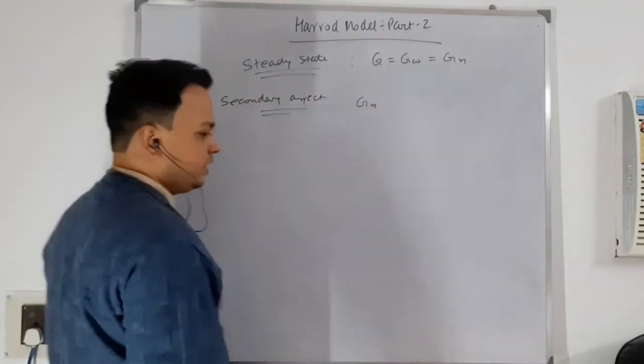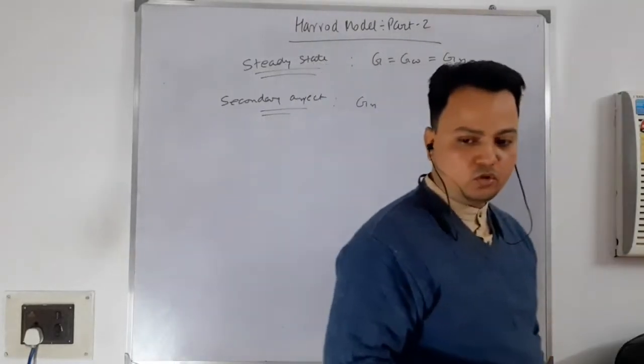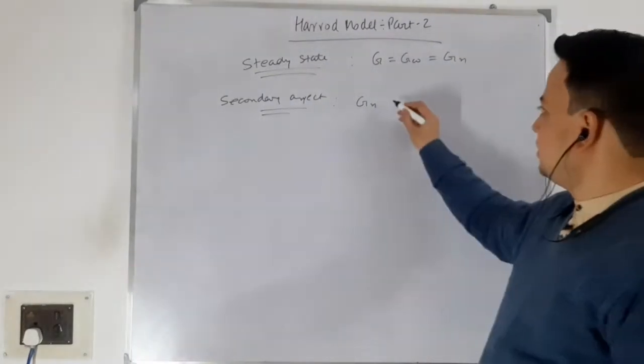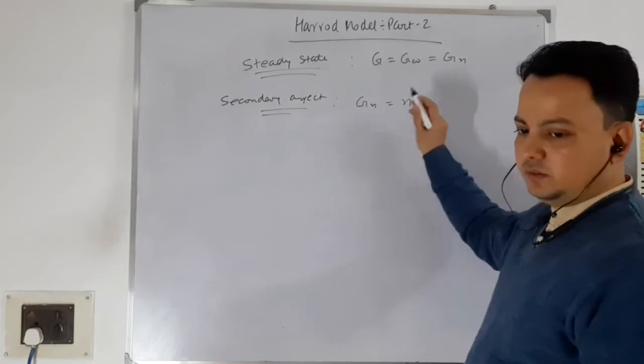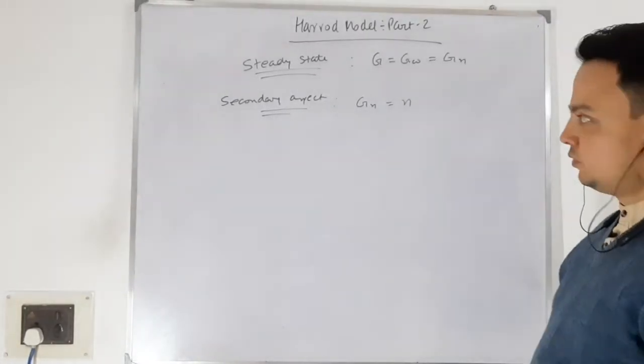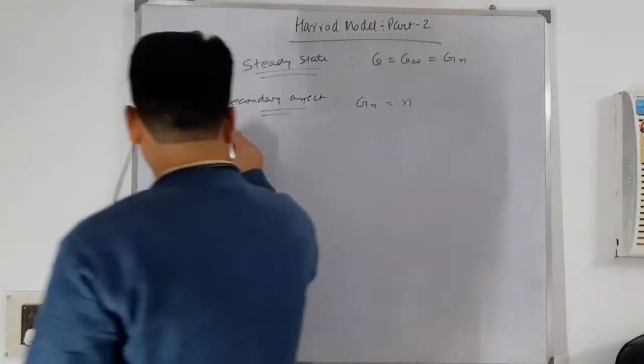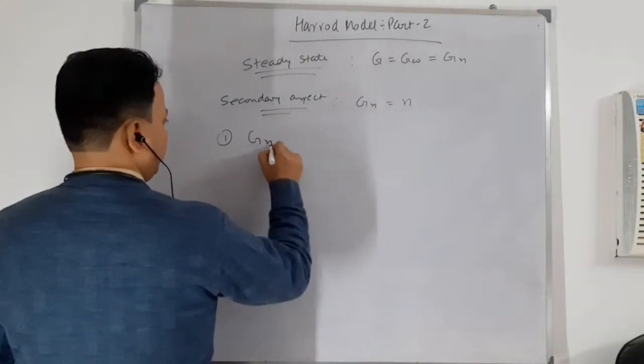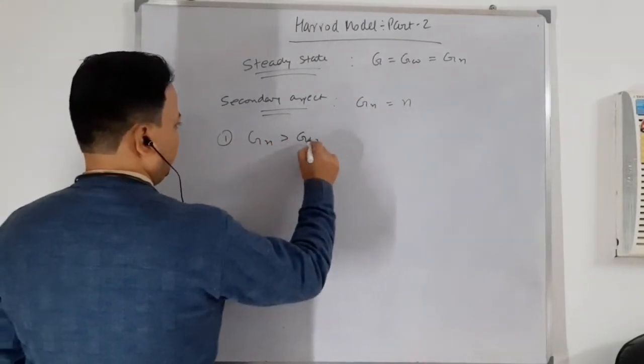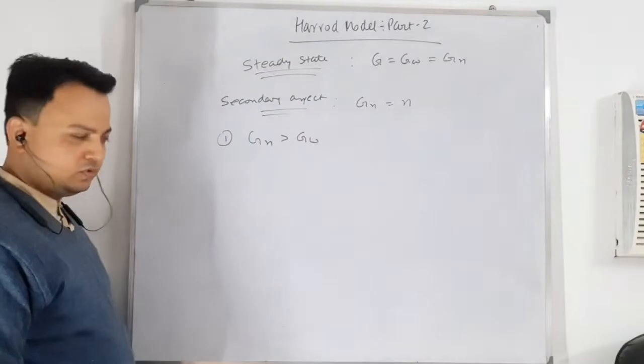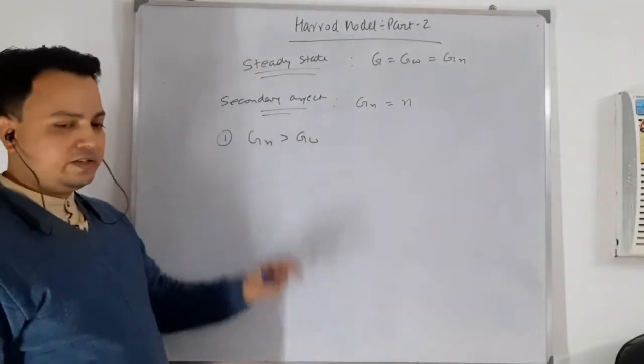This natural growth rate is the maximum growth rate that is possible in the economy, and it is given by the rate of growth of population. This I have derived for you. Take the first case. When GN is greater than GW, you have three possibilities. First take the case GN greater than GW.